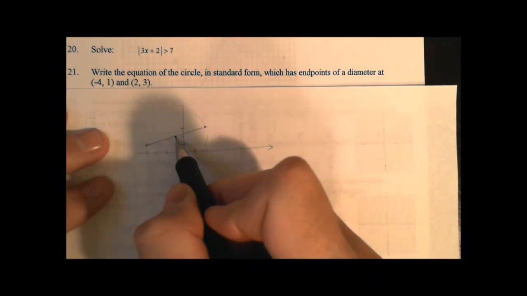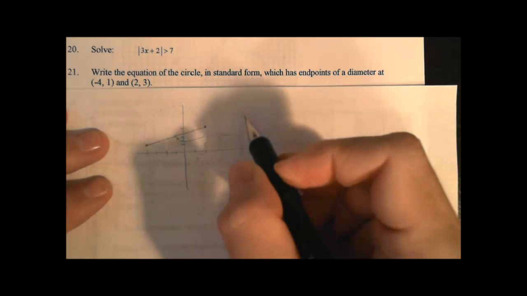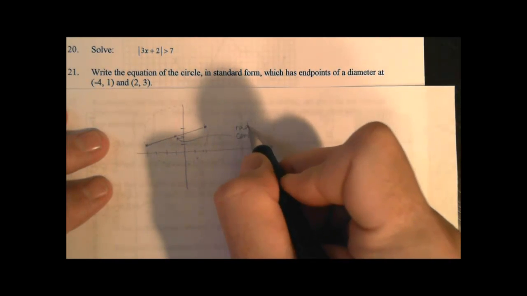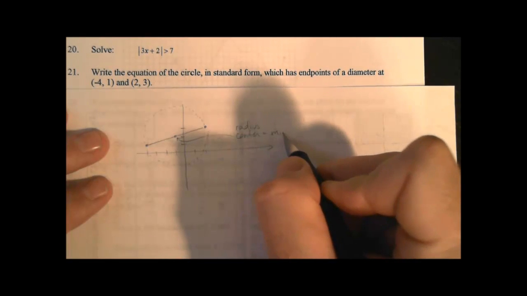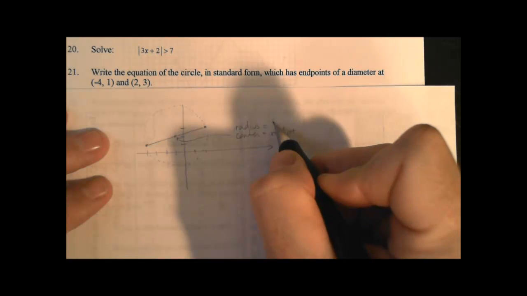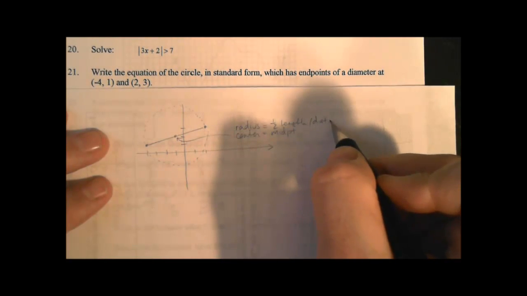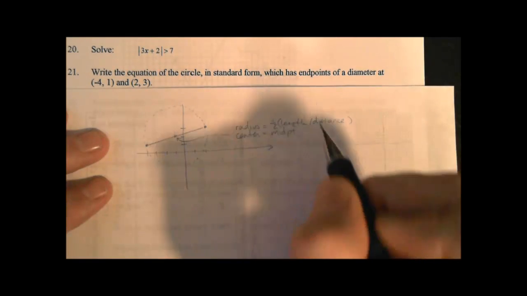Right? And to come up with the equation of the circle, we need to know its center, and we need to know its radius. And we can see the center will be the midpoint, and the radius will be half the length or the distance. And so let's find the midpoint of this segment.